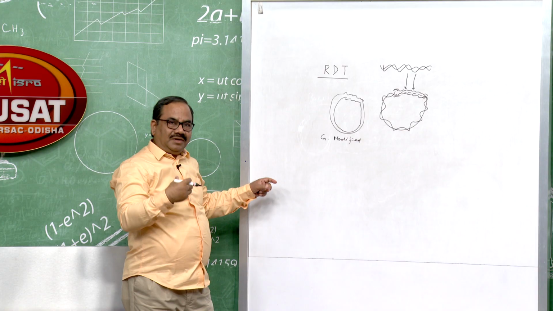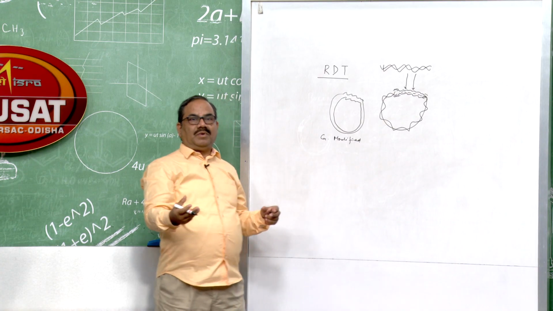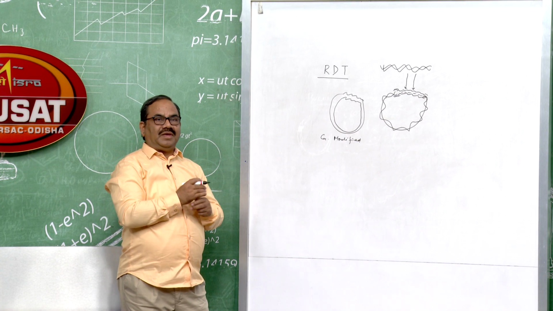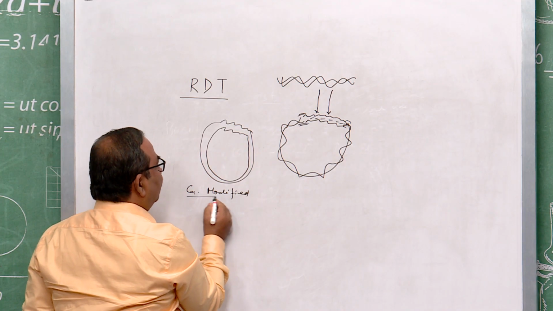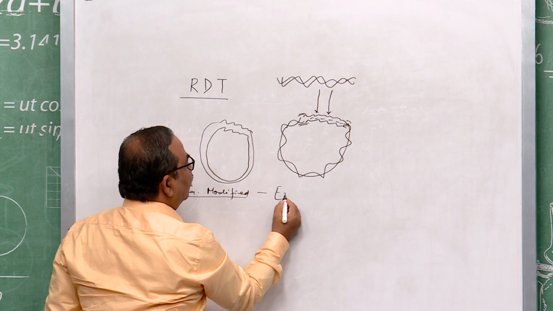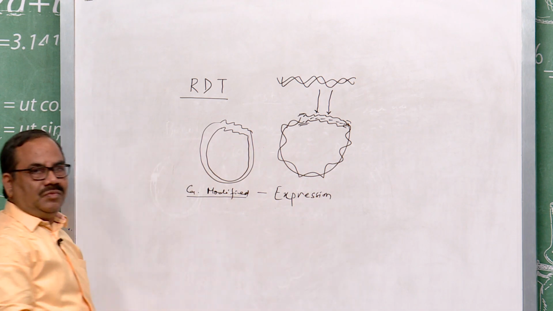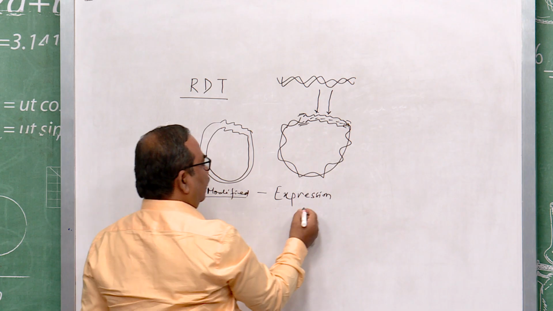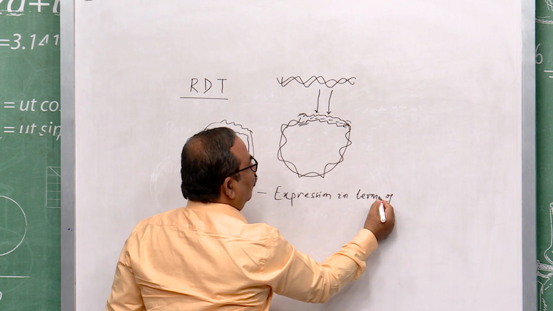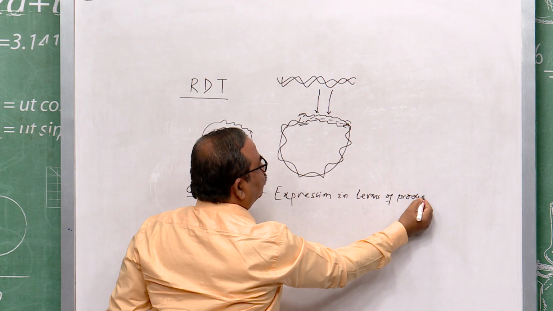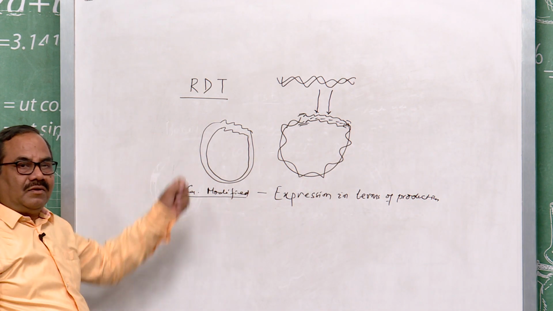So, a genetically modified plant has a foreign gene, suppose a gene from an animal, which is expressing in it. The most important thing is that this genetically modified organism has to express, and gene expression is nothing but expression in terms of production of proteins. So, if a protein is produced, then this is successful.